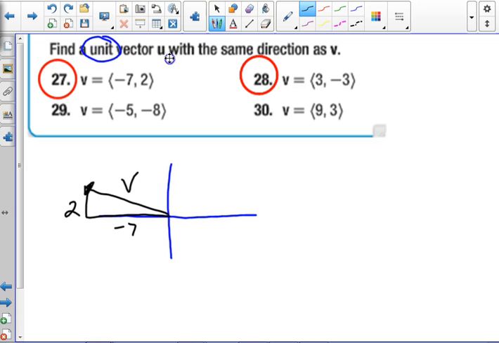We are to find a unit vector that goes exactly the same direction as V. A unit vector is kind of like when we were doing unit circle, the radius had to be 1. So this needs to be exactly 1 unit long. So I'm going to shrivel this thing up so it's going exactly the same direction, but it's only 1 unit long. Nobody remembers how to do that little shrivelly business?